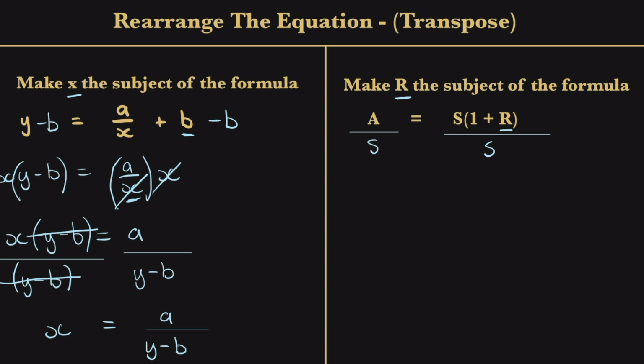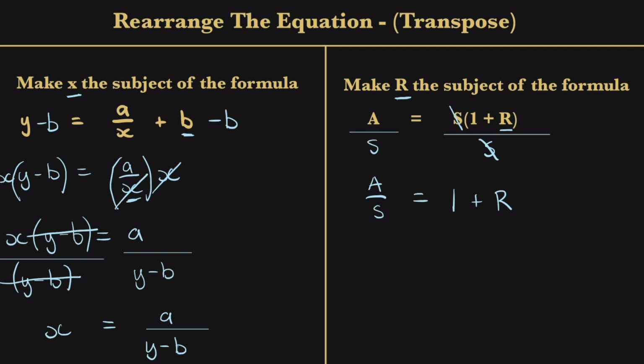Then I could rewrite the equation as the left side will be a over s equals, and this side we're going to have that multiplied by s divided by s cancel each other out, and then we've got just 1 plus r, and we actually don't need the brackets anymore.